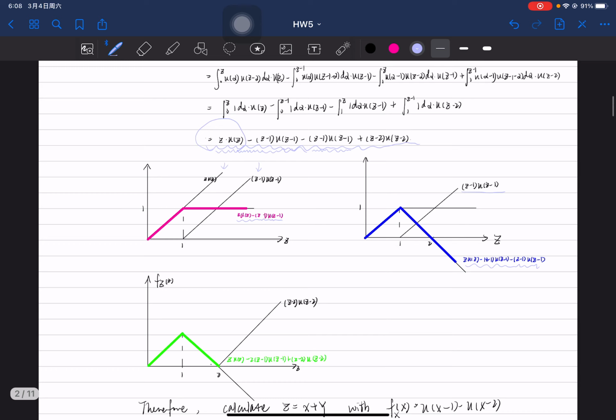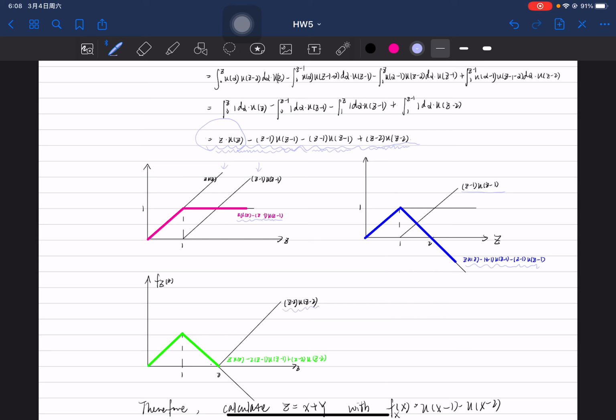After that, the blue line should plus (z minus 2) times u(z minus 2). First, we need to draw the line of (z minus 2) times u(z minus 2) here.